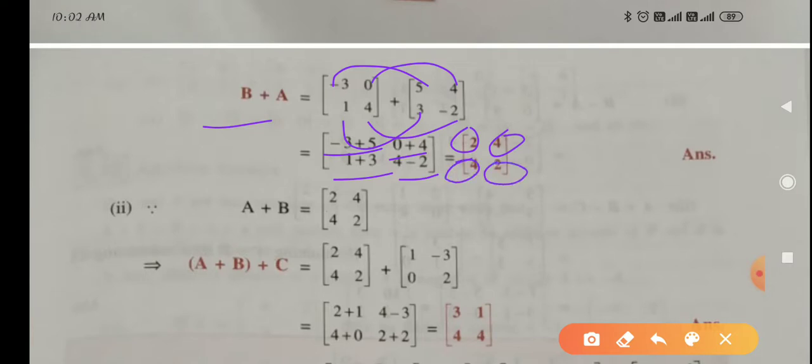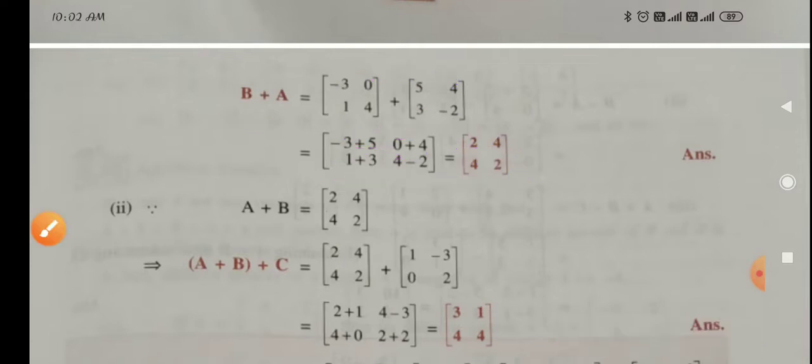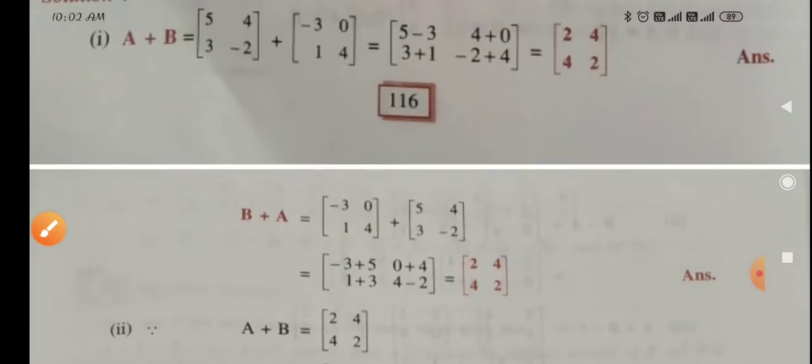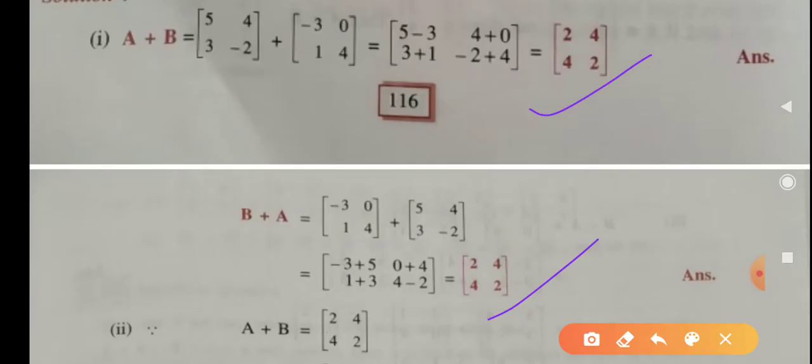So in both the cases A plus B equals B plus A. In both cases you can see A plus B was coming 2 4 4 2, and B plus A also 2 4 4 2. They are matching. It means that A plus B is equal to B plus A. So addition of matrices is commutative. Addition is commutative in matrix algebra.